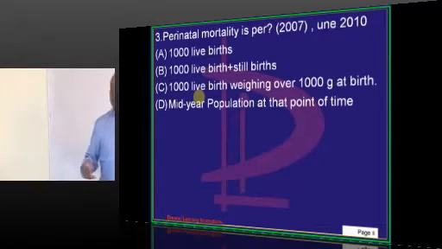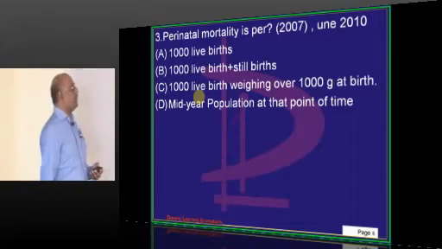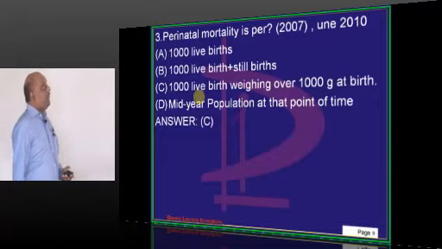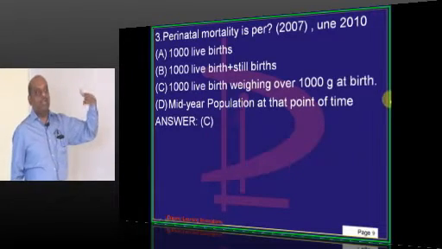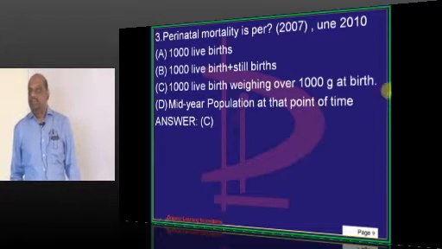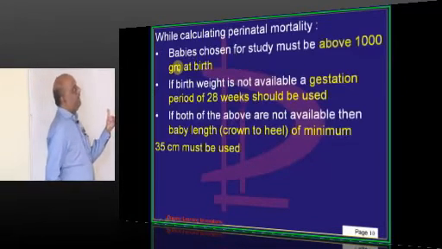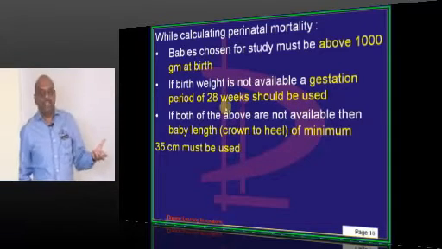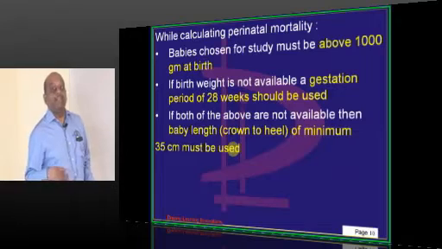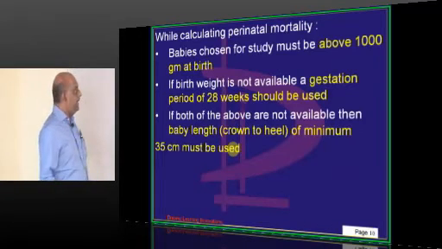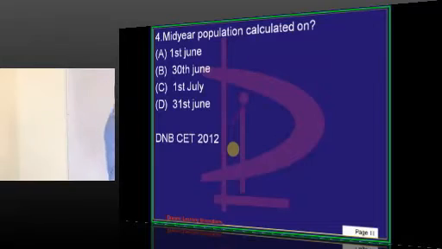Now perinatal mortality, what is the denominator is, you should be very sure. So it is 1000 live births weighing over 1000 grams at birth, because 1000 gram is considered to be the standard equivalent to 28 weeks, which is equivalent to 35 centimeters of crown rump length. 35 centimeters of crown rump length is what you need to basically remember.